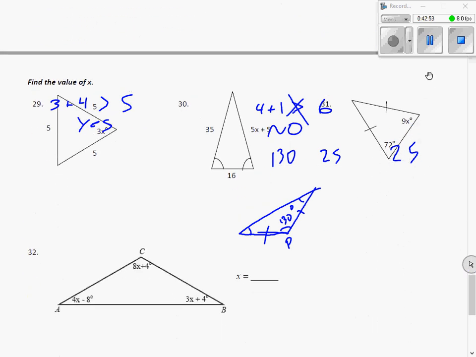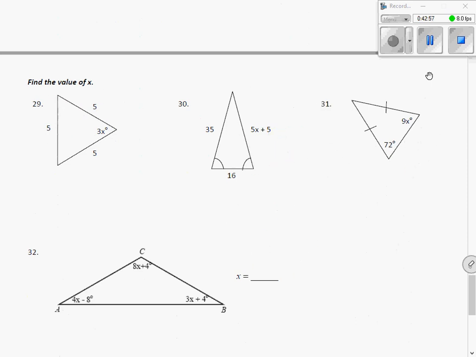Find the value of x. This is an equilateral. So if this is 3x, so is this, and so is this. So 3x better equal 180 degrees. So 9x better be 180.